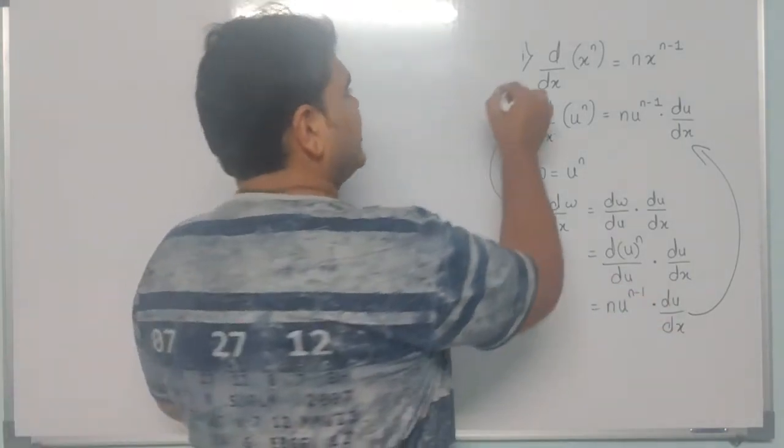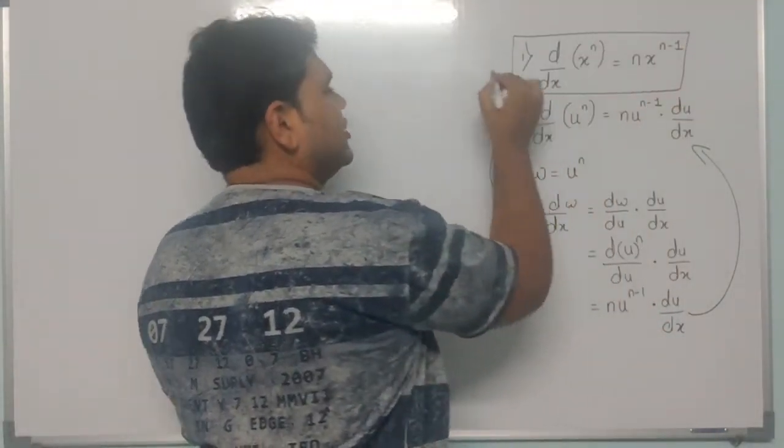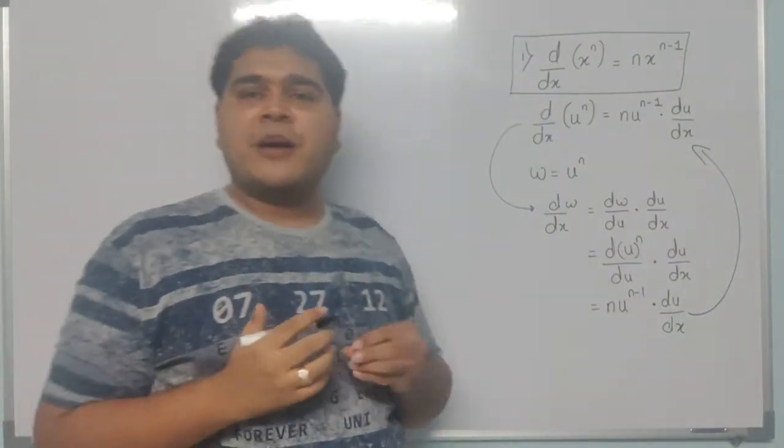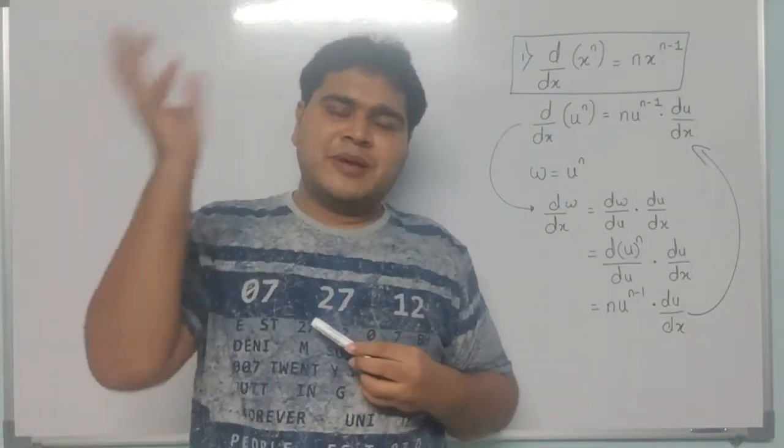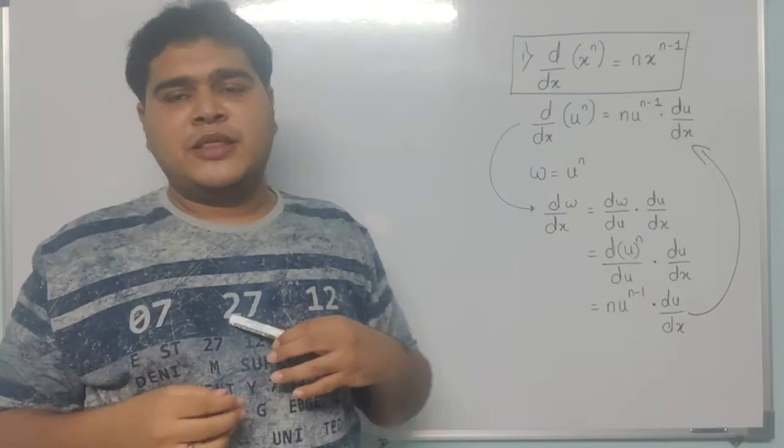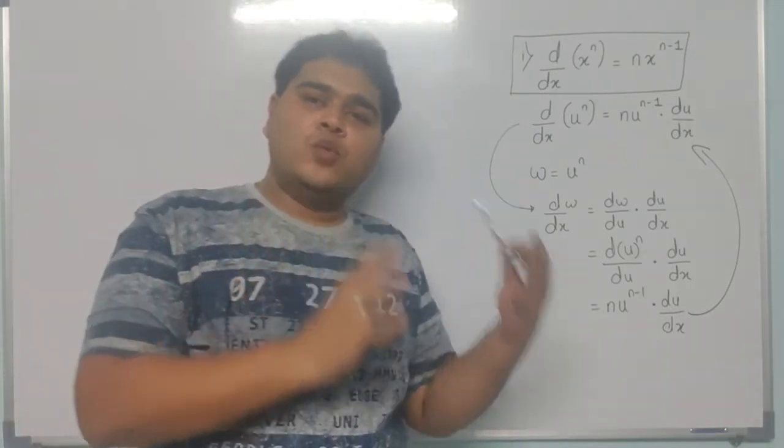So obviously the formula is this, which you need to remember, that whenever you have the power of x as some number, that number becomes a multiple, and the power of that x decreases by 1.